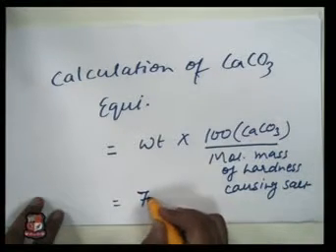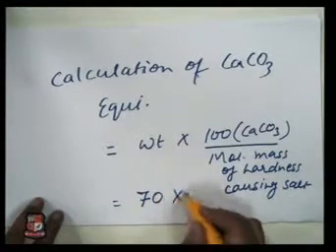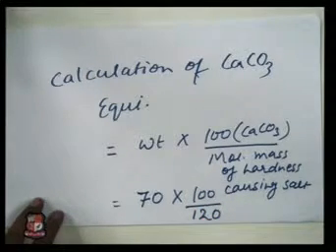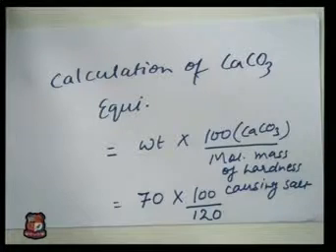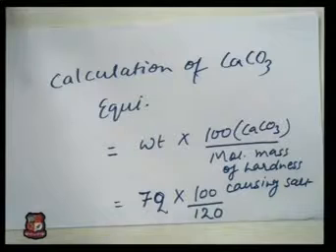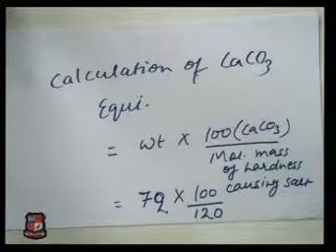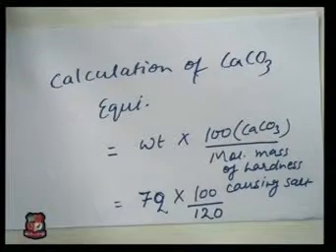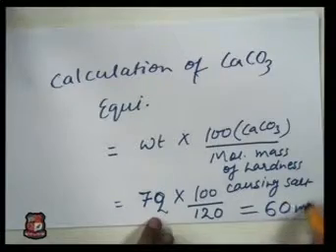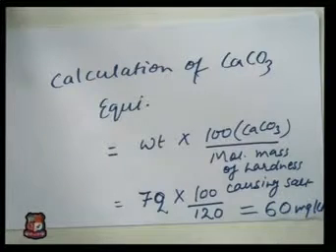Here 72 is the weight given in milligram per liter, into 100 upon 120, the molecular mass of the hardness causing salt. As shown in the slide, 72 into 100 upon 120 comes out to be 60. So 60 milligram per liter is there.